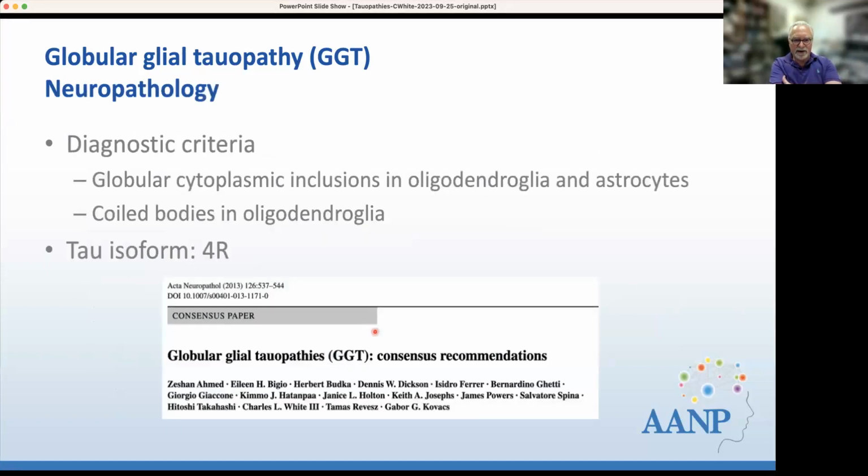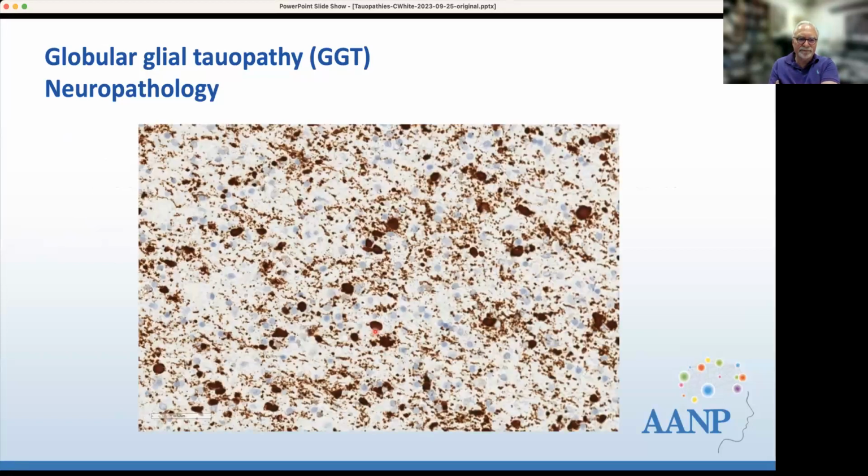Currently, the diagnostic criteria, as revised and codified in 2013 by Ahmed et al., include globular cytoplasmic inclusions in oligodendroglia and astrocytes, coiled bodies in oligodendroglia in gray and white matter, and restriction to the 4R isoform of tau.